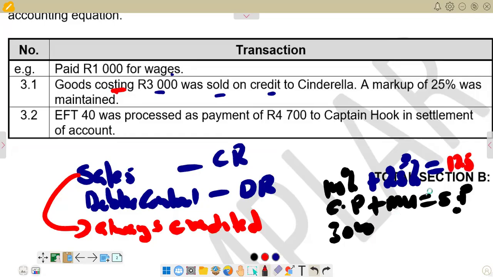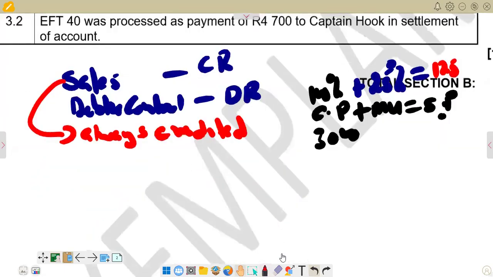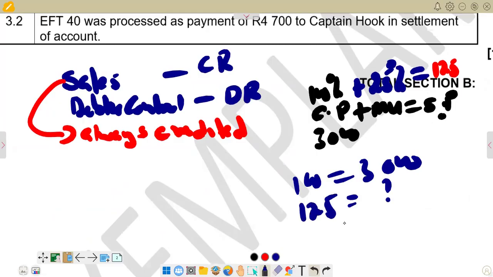So what does it mean? It means we can just use simple proportion there by saying our 100% is equal to 3,000. So the figure that we want is 125%. So we can just make a simple proportion. What we don't have is a numerator.